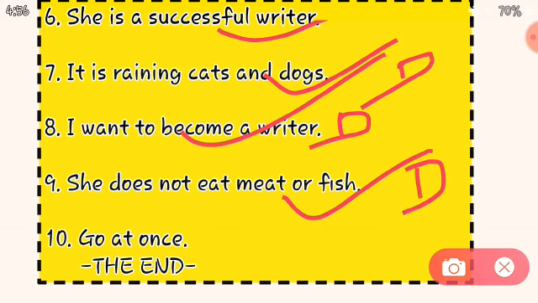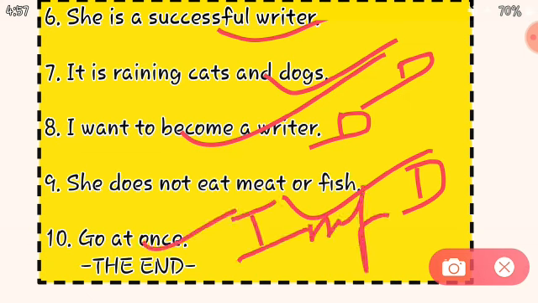Last, go at once. As I have told you in the previous slide, the sentence which starts with the main verb and ends in a full stop, and where the subject you is hidden, is called an imperative sentence. So this is an imperative sentence, friends.